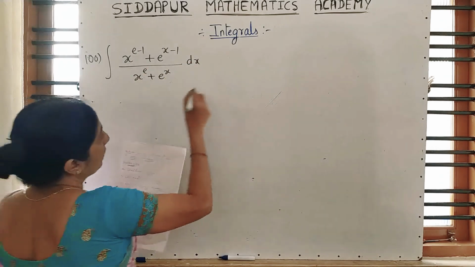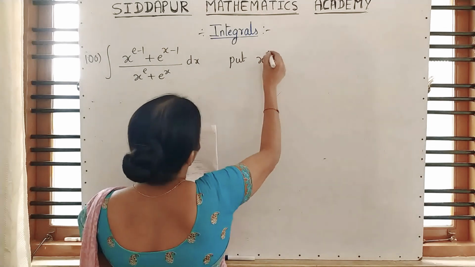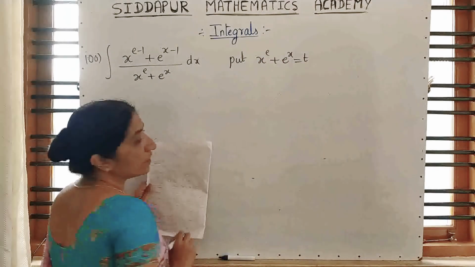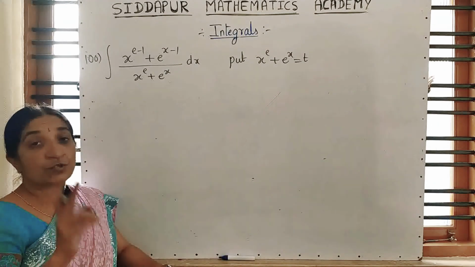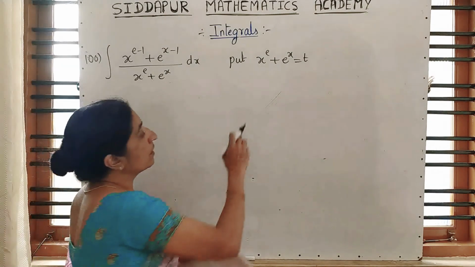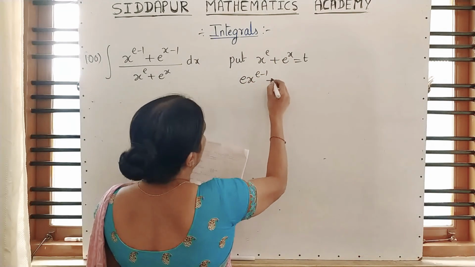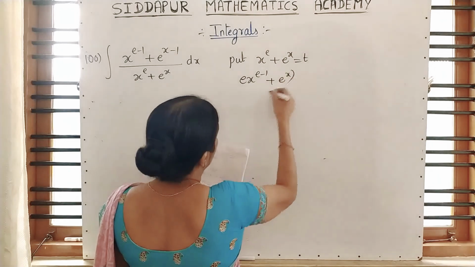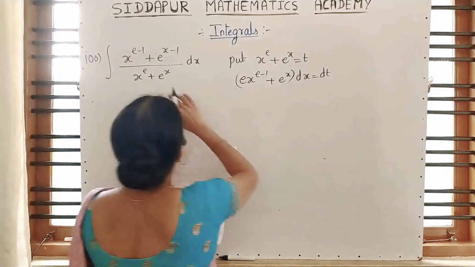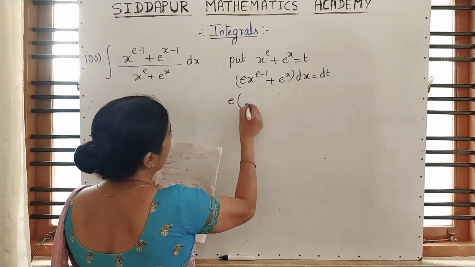See here, it is a fraction. I am writing x raised to e plus e raised to x as the t. What is the differentiation of x raised to e? e is a value lying between 2 and 3. That means it is a number. X raised to e is, plus e raised to x is e raised to x. For complete together I am writing dx. We require x raised to e minus 1. This e we don't require. Take that as common.